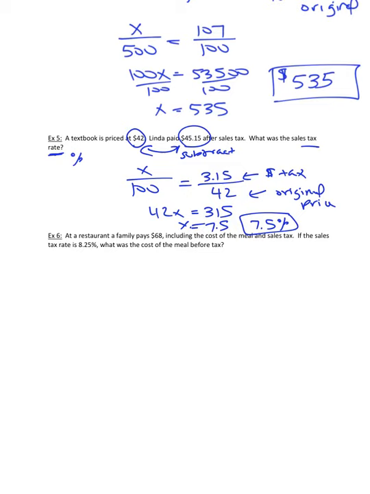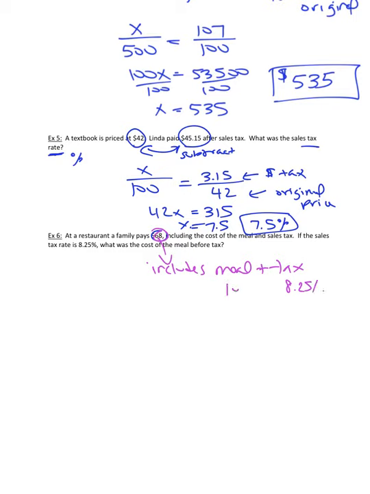In example 6, at a restaurant, a family pays $68, including the cost of the meal and sales tax. If the sales tax rate is 8.25%, what was the cost of the meal before the tax? So $68 is the price of the meal and the tax. This includes meal and tax. They tell you the tax is 8.25%.